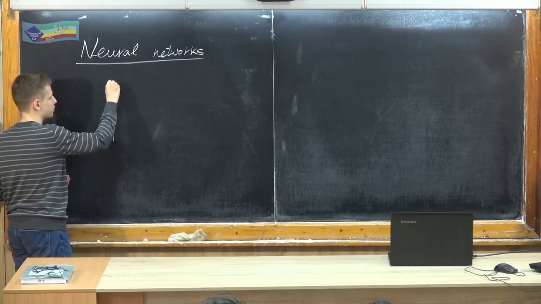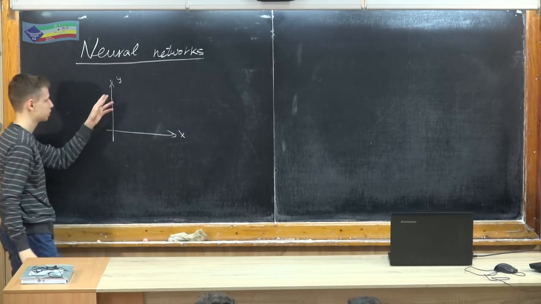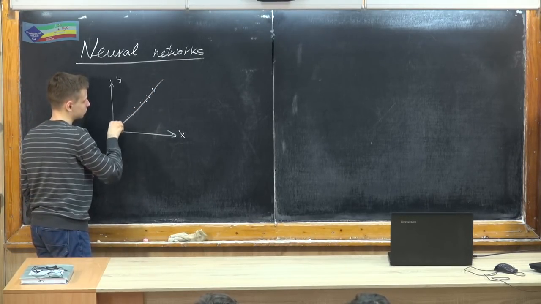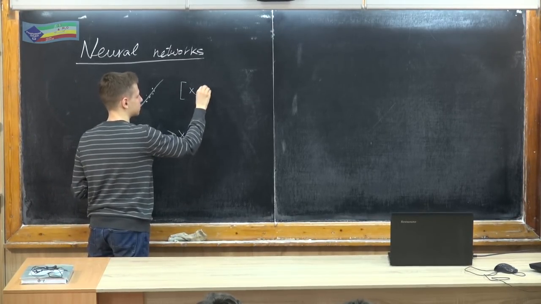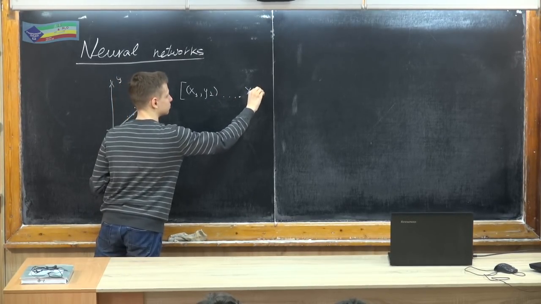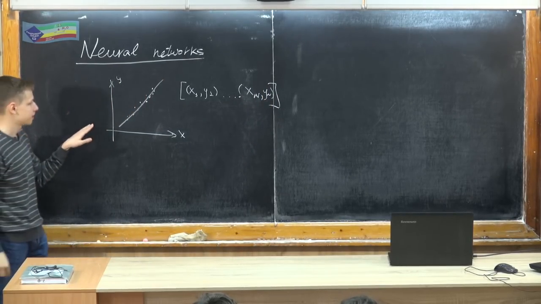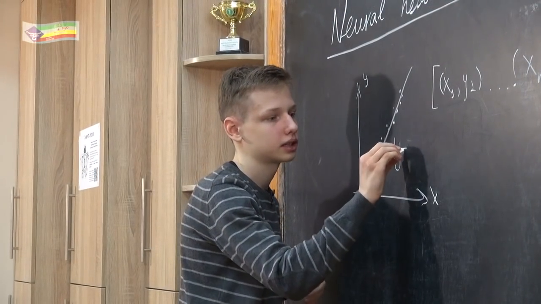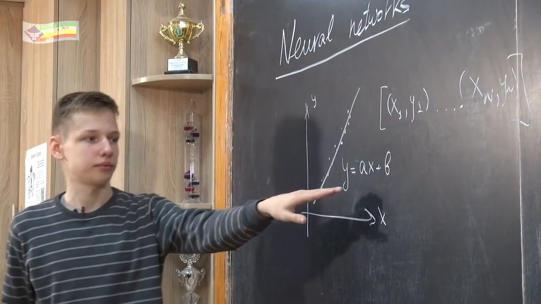As you can remember, we have some data points, so we have a list of these coordinates, and we want to find the best line which fits these coordinates. And this line can be described by this linear relationship.